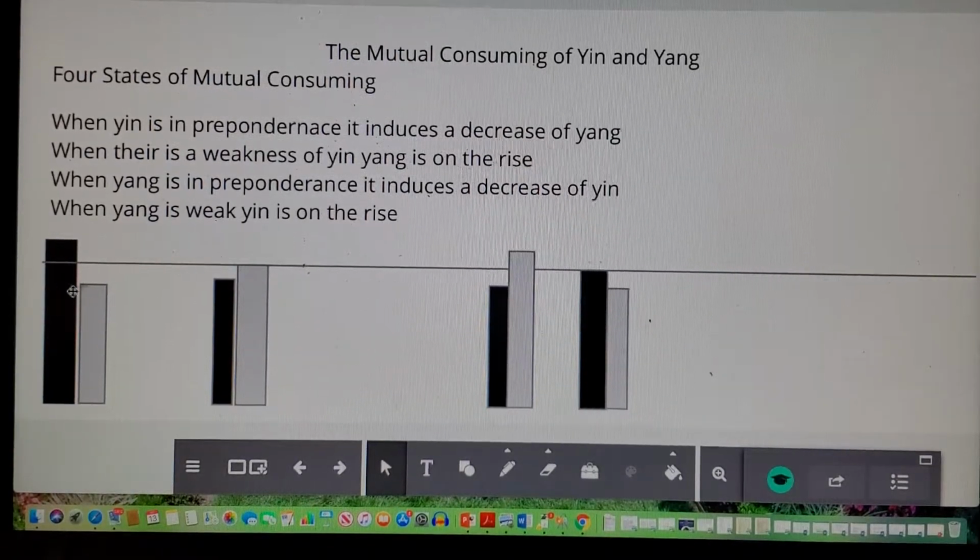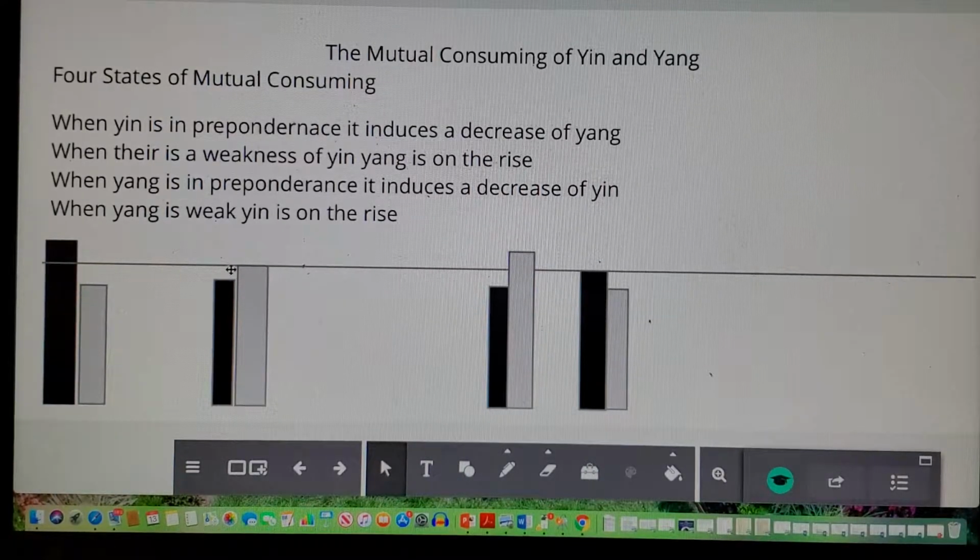And so let's look at this next one. When there is yang, but there's a deficiency of yin. So yang is just right there at the tip of the body, but there's a yin deficiency. That means there's not enough yin to sustain the yang activities.